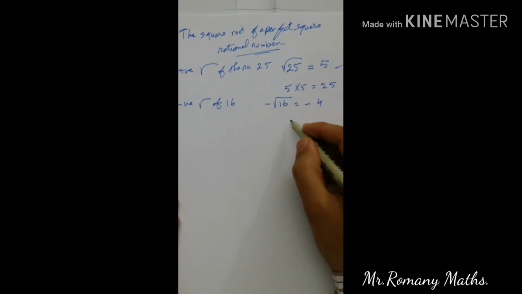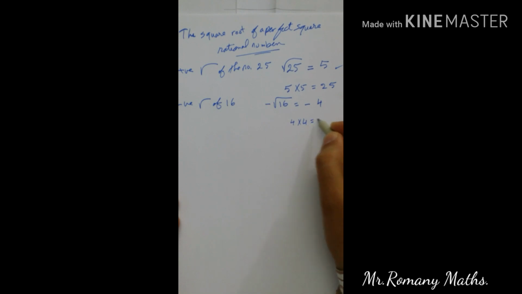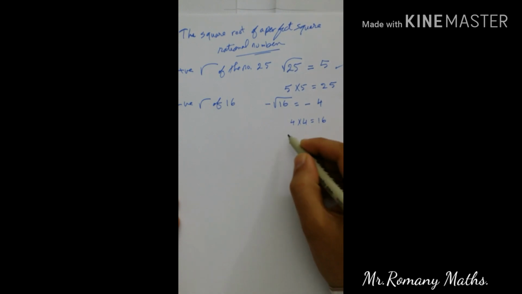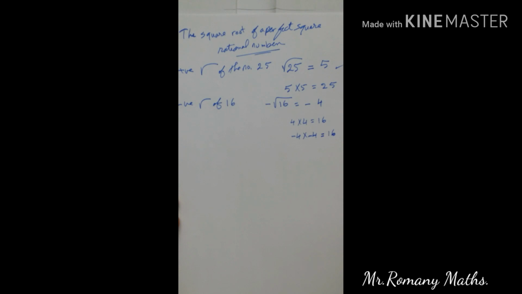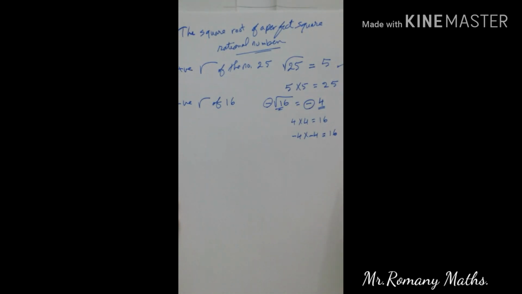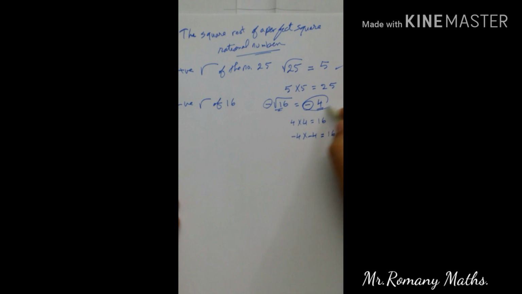So 4 times 4 equals 16. And don't write negative 4 multiplied by negative 4 equals 16, because we are looking for the negative square root, the negative one. So our answer equals negative 4, not 4. Okay?